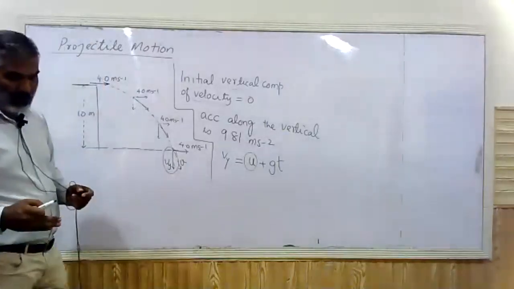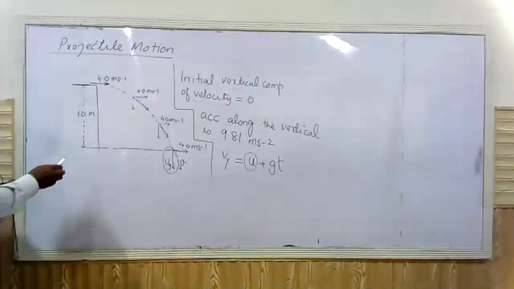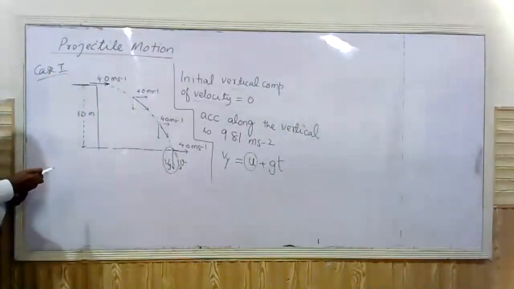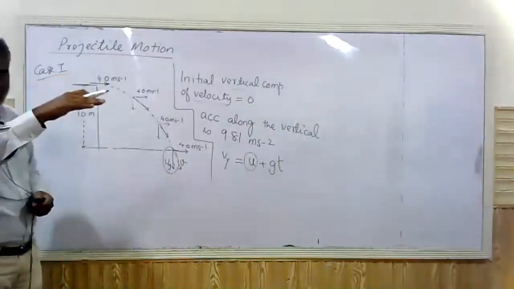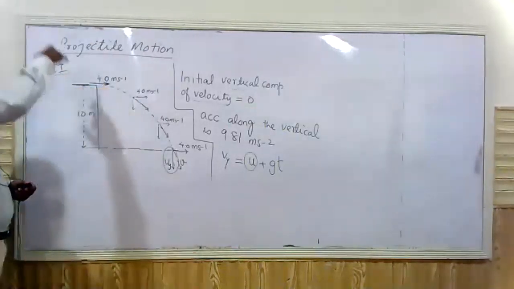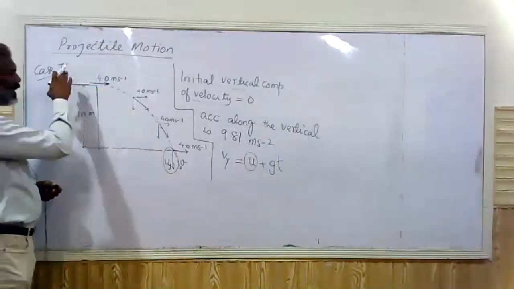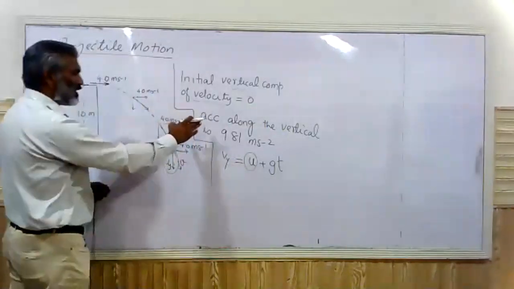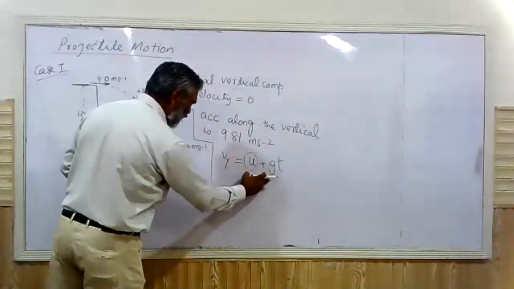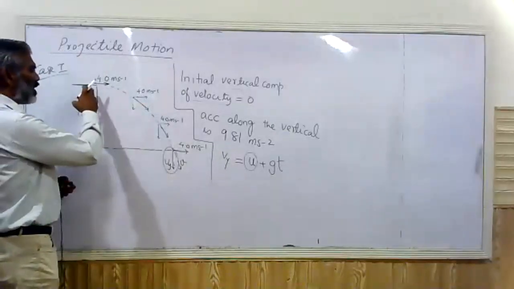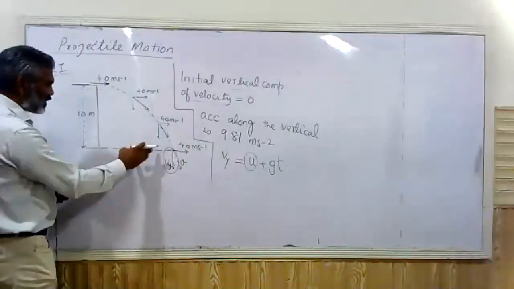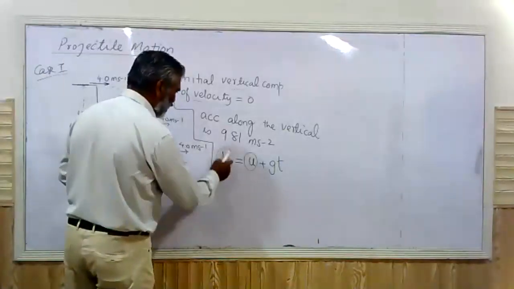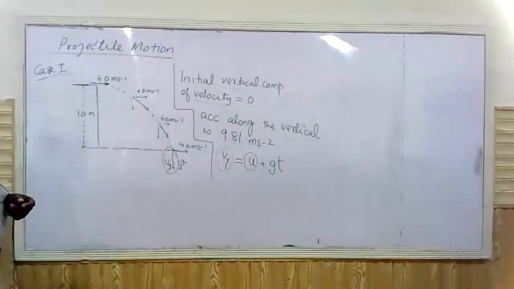So the point I'm trying to make is that when you have this situation, let me call it case 1, in which an object is thrown along the horizontal from a height, any given height, the initial vertical velocity is taken 0, acceleration is taken 9.81, and if I know how much time it has taken to reach the ground, I can easily find out the vertical velocity with which it will hit the ground.